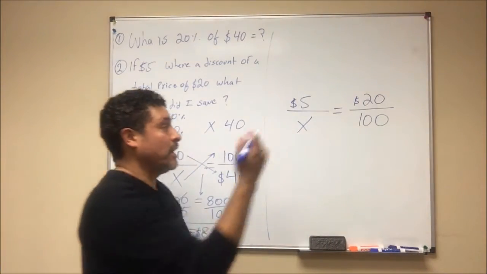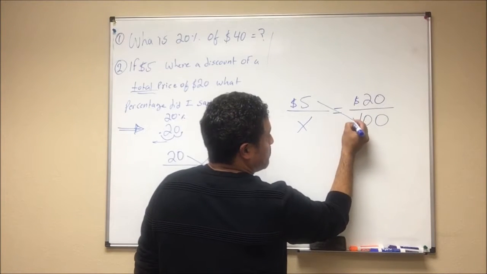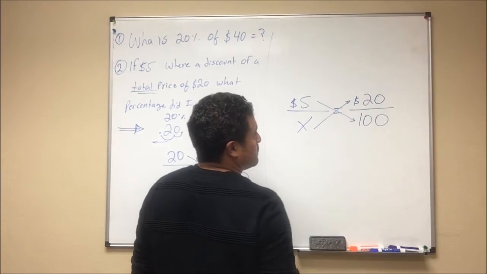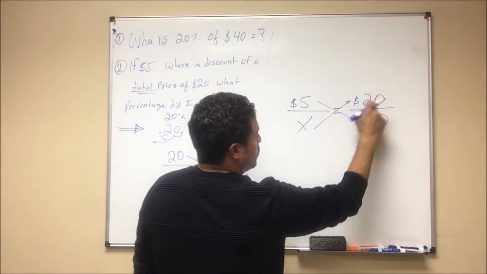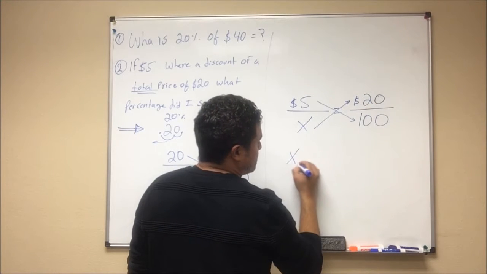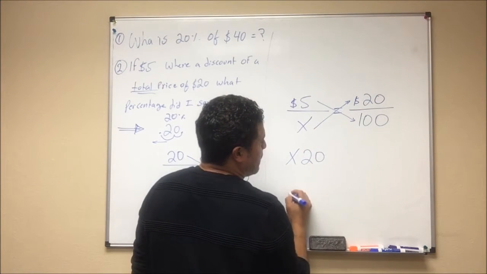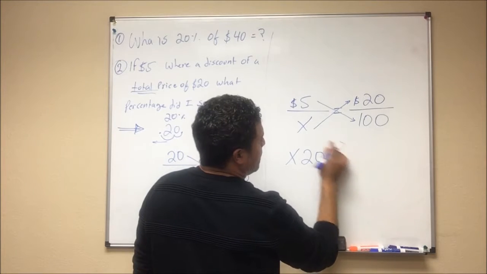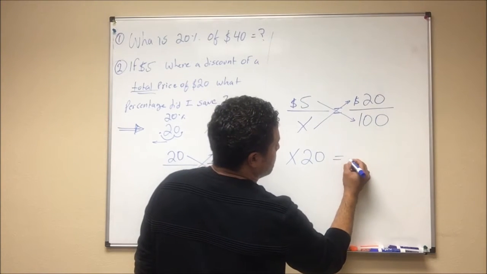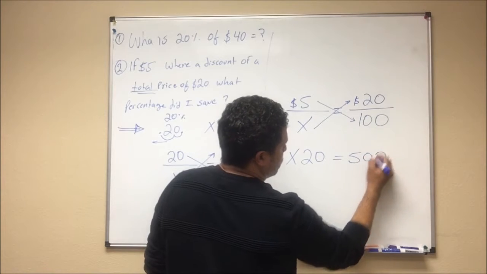Okay, now you can apply the rule of multiplying across. Okay, so now 20 times X is gonna be X times 20, and you just write it like that. And then 5 times 100 is gonna be 500.